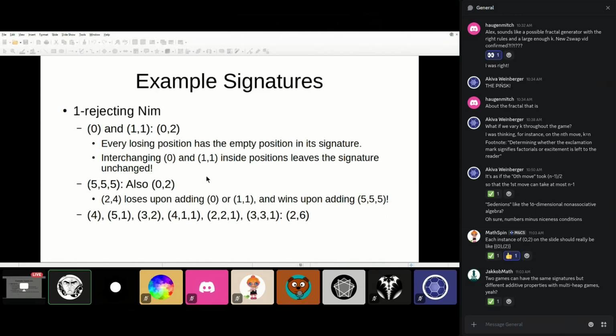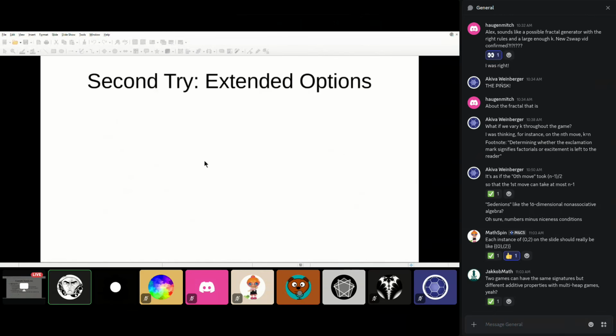Naturally, this kind of bummed me out. But the other day, partially inspired by the talks on combinatorial game theory, I came up with the idea of extended options.